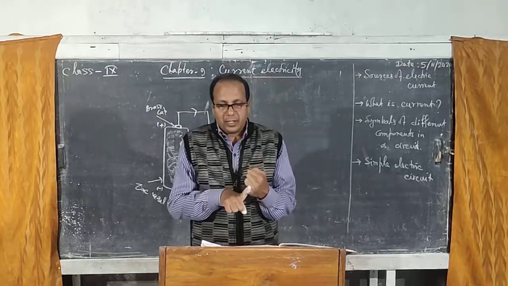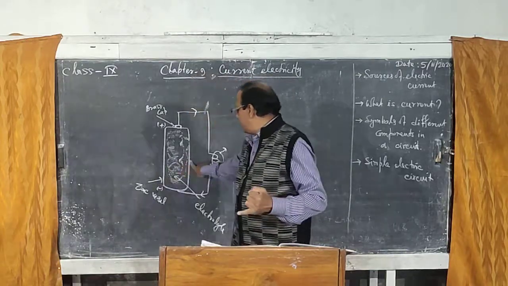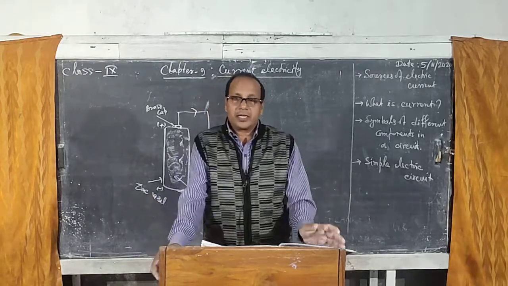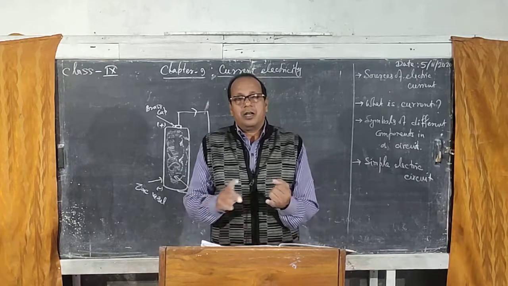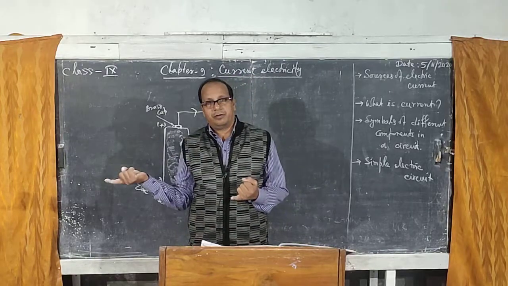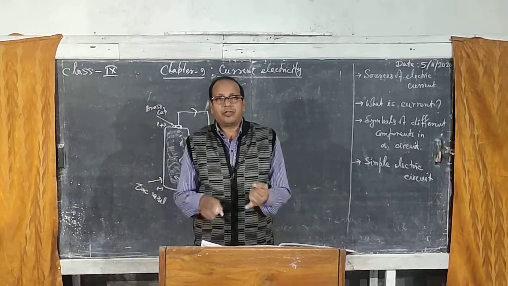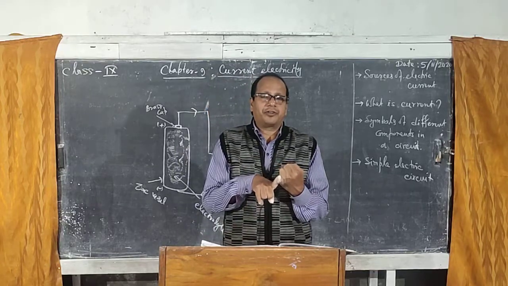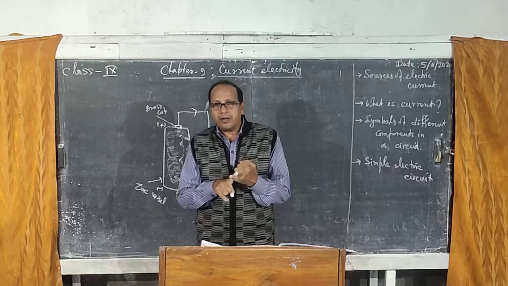Primary cells, examples dry cell, Leclanche cell, simple voltaic cell, whereas secondary cells are what we use in a car. Normally we say car battery. Actually secondary cell we can say lead accumulator or nickel iron accumulator.